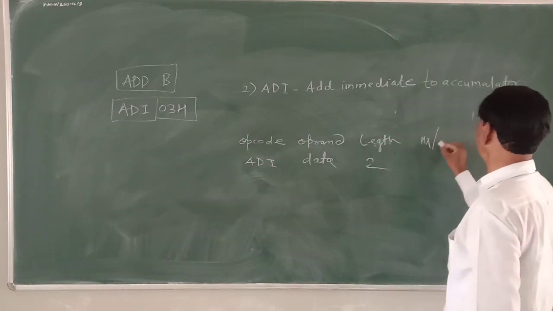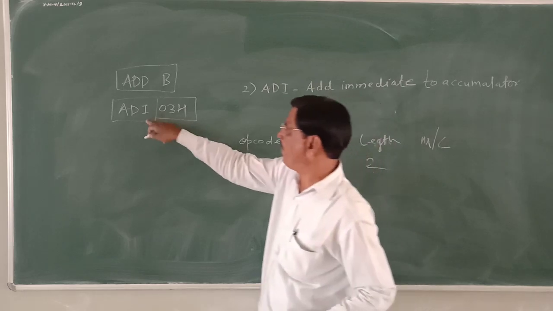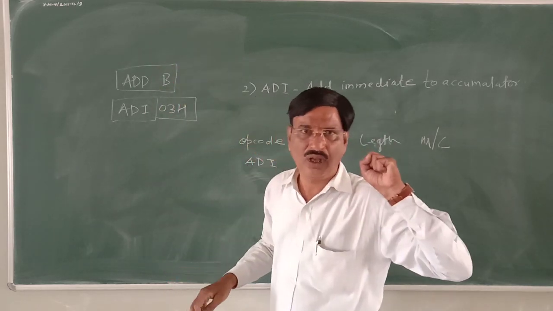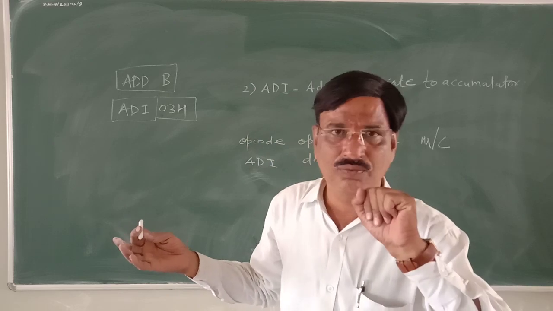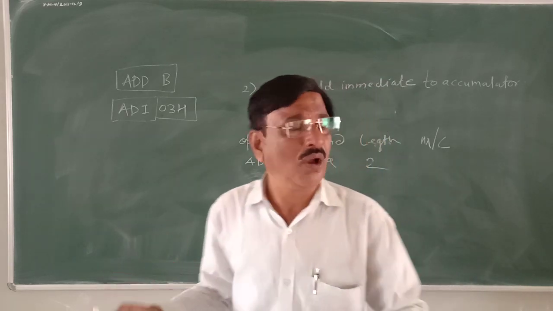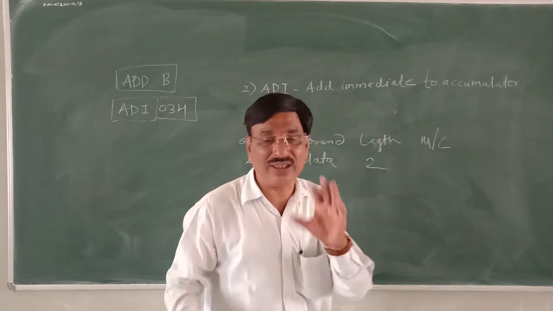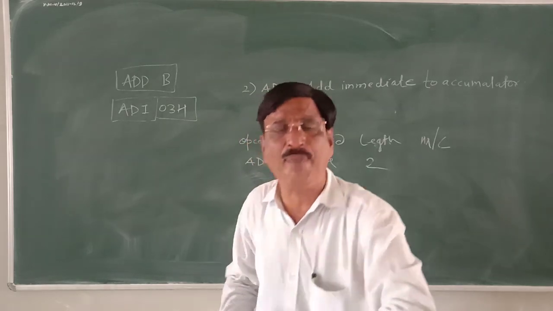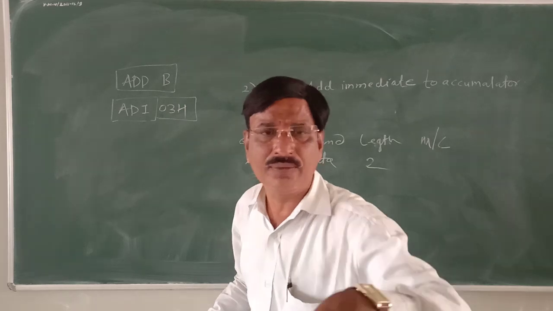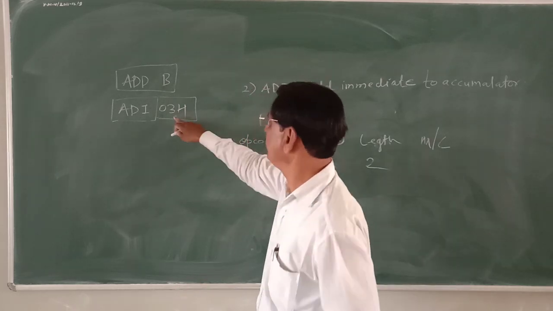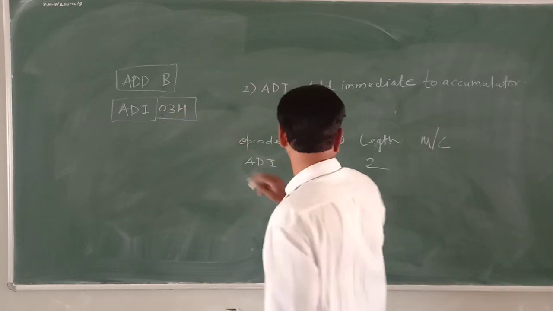So the number of machine cycles will be: opcode fetch. Now it has got what it has to do, add. What to add? Immediate data, where the immediate data is after the opcode. So after the opcode there is immediate data that it has to bring from a memory location. That is the immediate data that will be added.